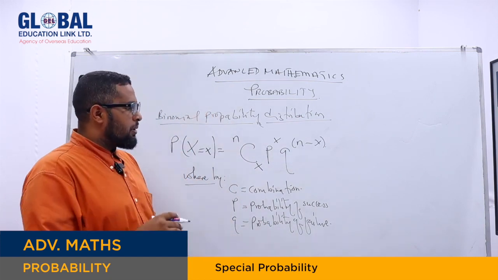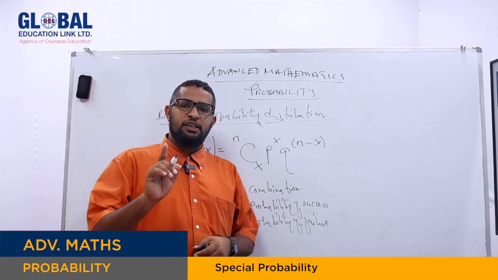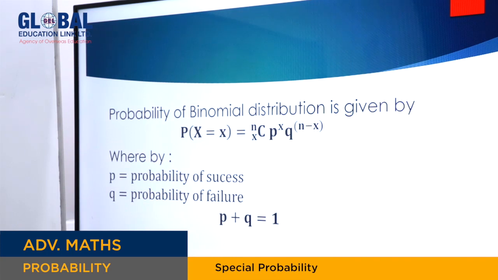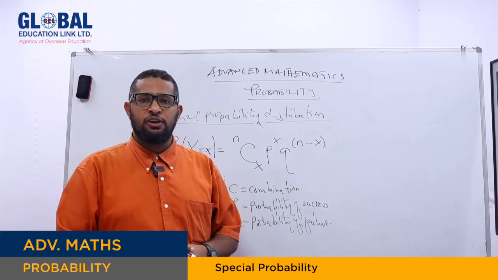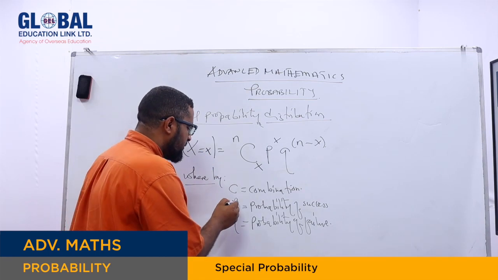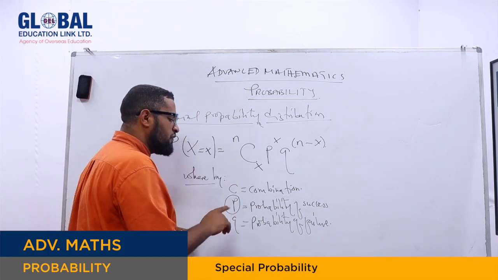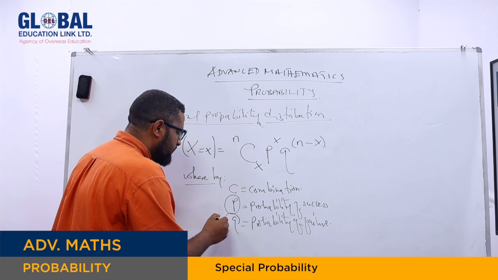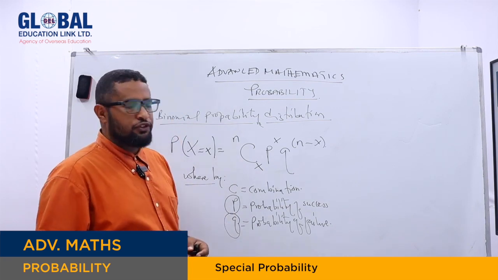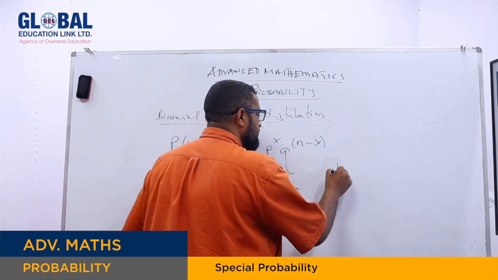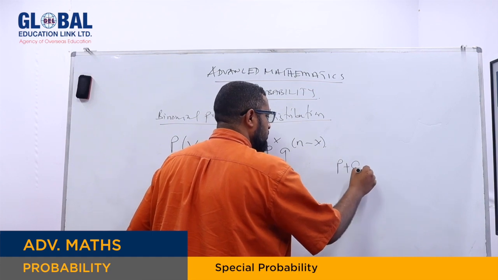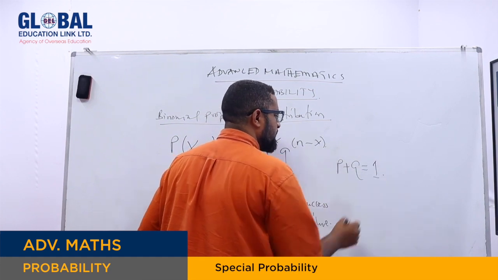If you remember, the probability of an event to occur and not to occur always adds up to 1. So P is the probability of the event to occur, and Q is the probability of the event not to occur. If we add the two, P plus Q, we get 1.